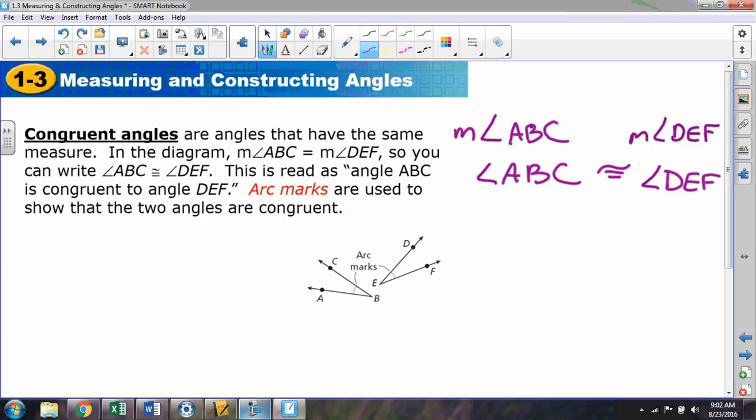When we put this little m in front of the angle symbol, we're talking about the size of the angle, not the angle itself. That's where we're saying 45 degrees instead of angle 2. There is a distinction between the size of an angle and the actual physical object itself. When we use the m's, it's appropriate to say equal.